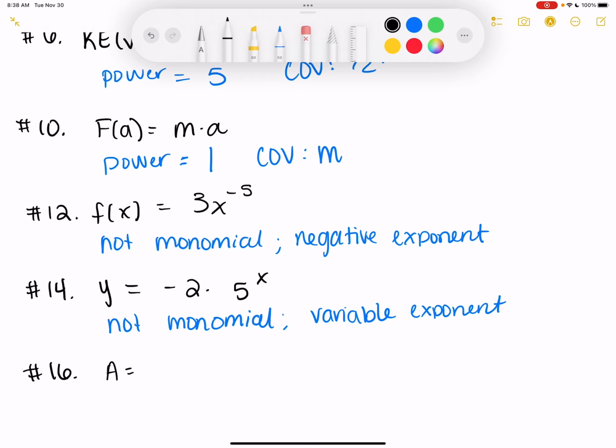It depends on whether the whole thing is under the radical or just one little piece. Say it was negative 5x with the radical over the whole thing. The x thing would automatically make it not a monomial, for this reason still.